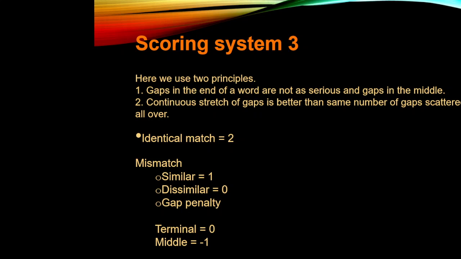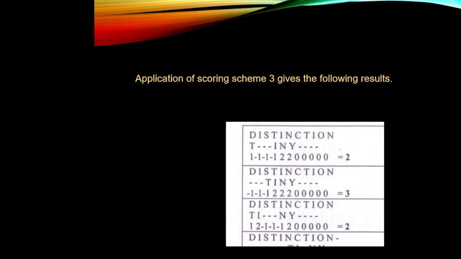Based on this third system, by applying this rule, we are getting more refined values. For the first step we are getting a positive value of 2, for the second a positive value of 3, and for the third a positive value of 2.